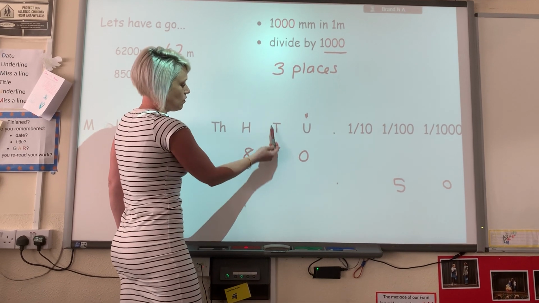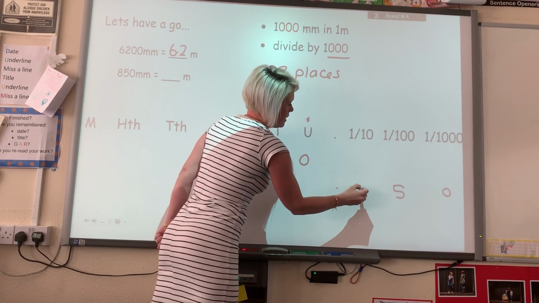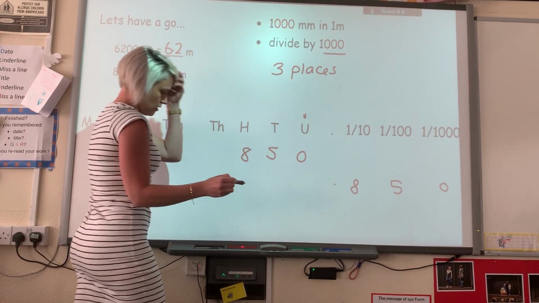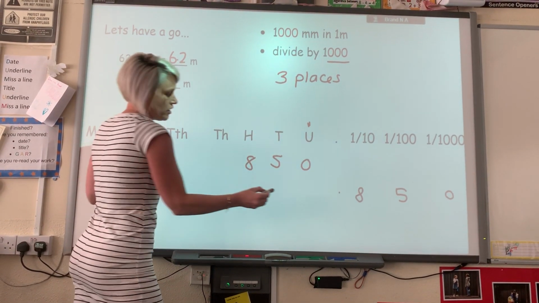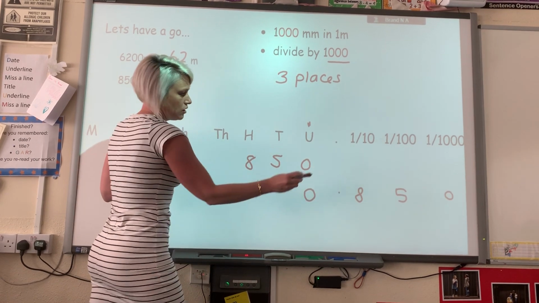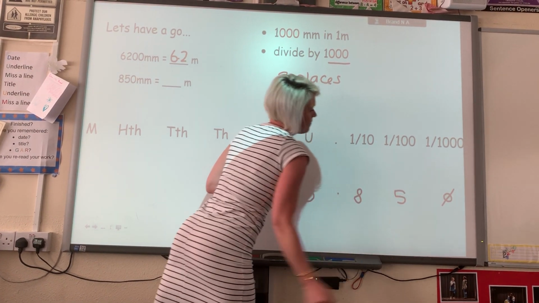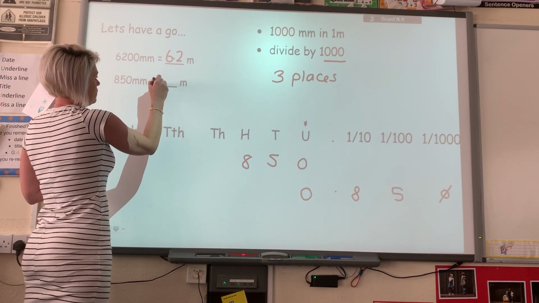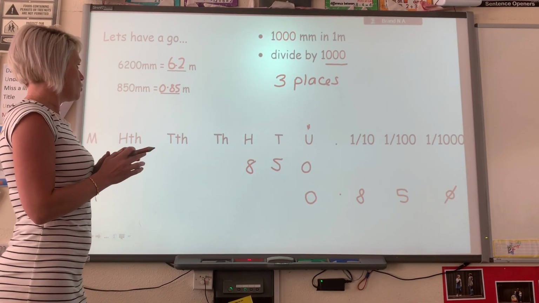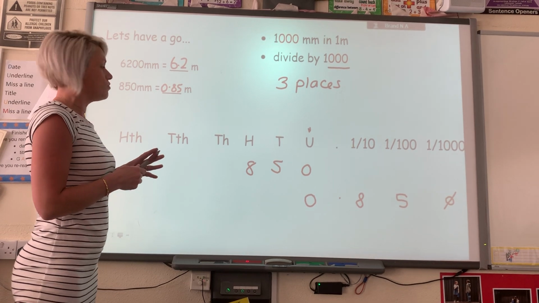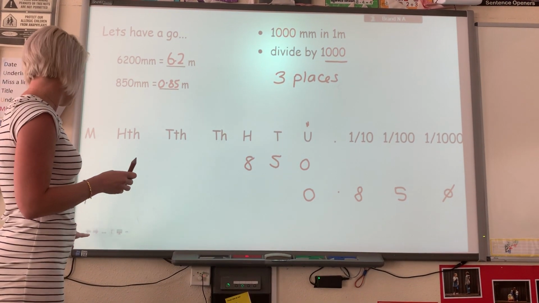And the 8, 1, 2, 3, into the tenths. So this time we've got 0.850. So you can add a 0 if you want to, or you can get rid of the 0 on the end there. So your answer, 0.85. So 850 millimetres is equal to 0.85 metres.